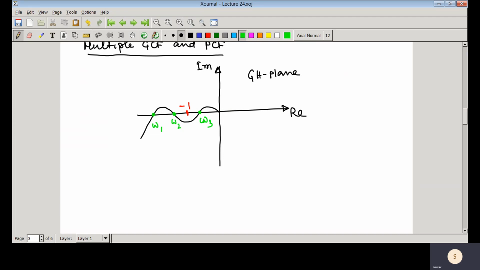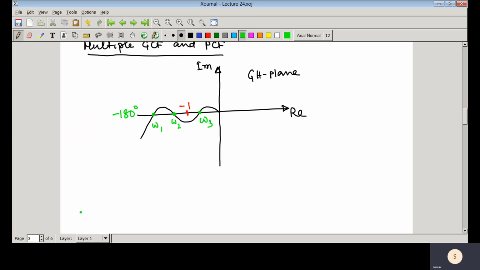And we can see there are three frequencies where the Nyquist plot cuts the minus 180 degree axis. So you have multiple phase crossover frequencies. So what would be the case here?